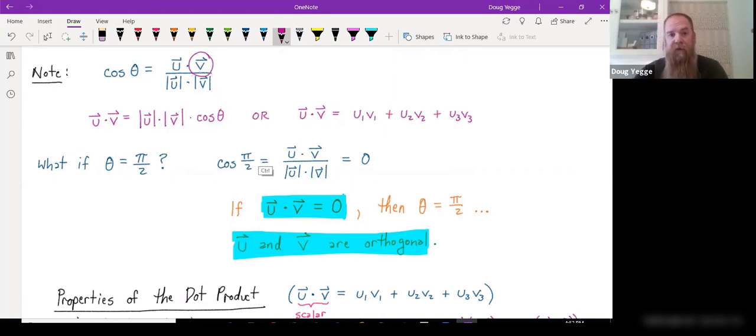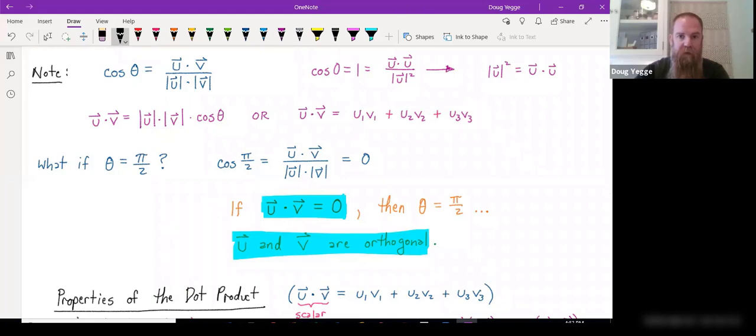And if the angle is 0, cosine of 0 is equal to 1. So that would imply that u dot u over the magnitude of u squared is equal to 1, which implies that if I cross multiply, I end up getting that the magnitude of u squared is equal to u dot u. Okay, and so that's one little side note.